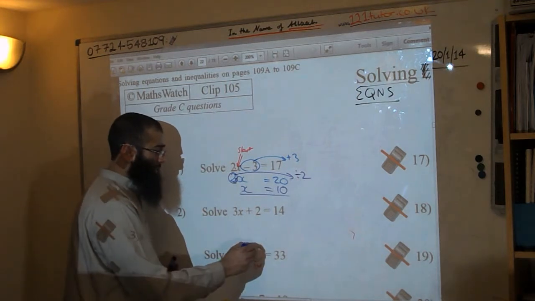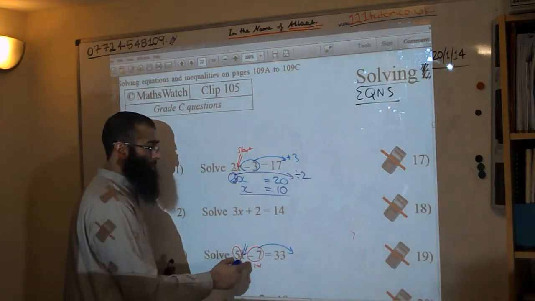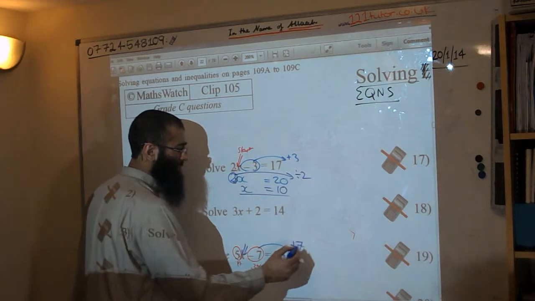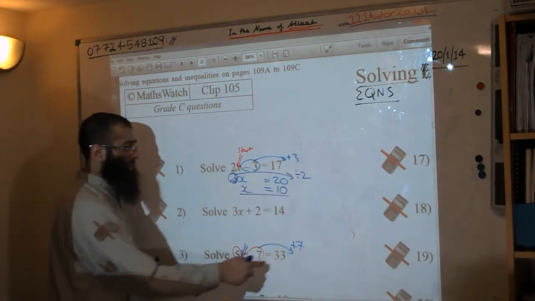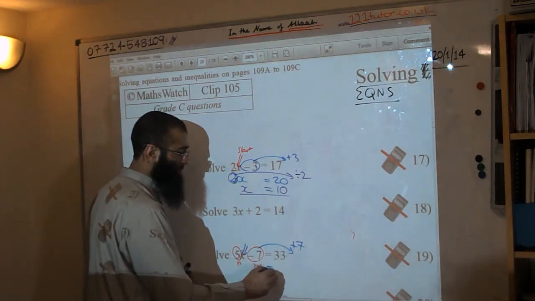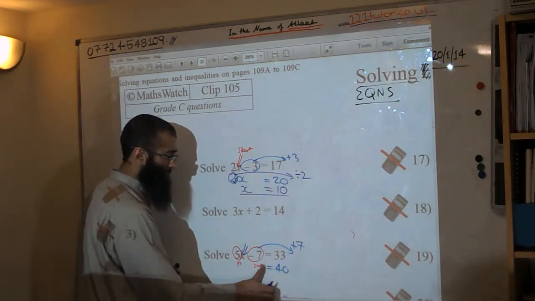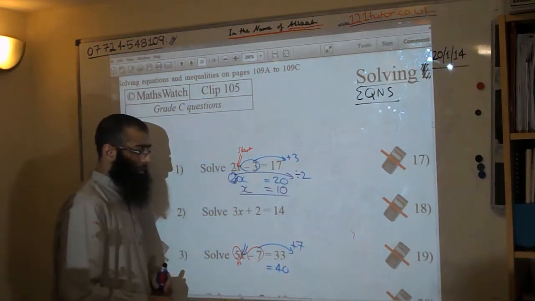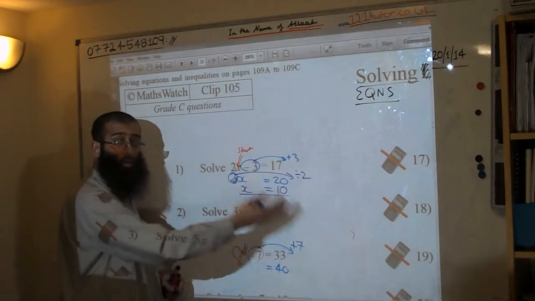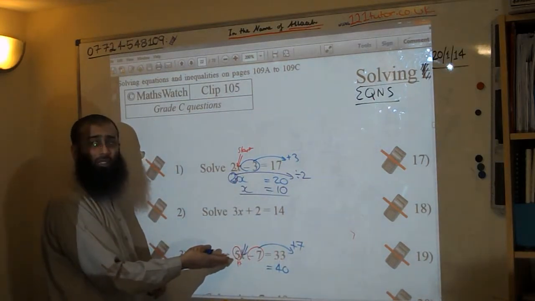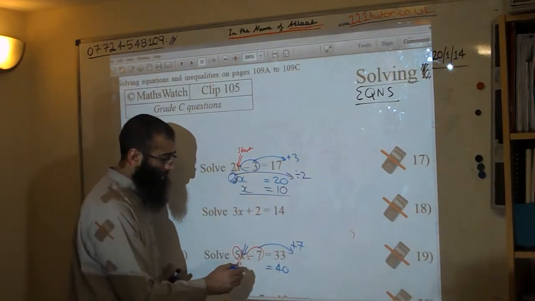So we move the minus 7 first. The opposite of minus 7 is plus 7. So 33 add 7 is 40. So minus 7 has gone over, so we now move the first action last. Opposite of times by 5 is divided by 5.